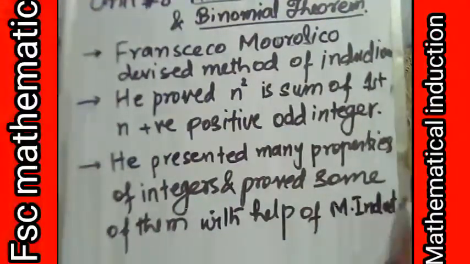So students, the credit goes to Francesco Maurolico, who first proved n square as the sum of the first n positive odd integers. Then he presented many properties of integers and proved them using mathematical induction.